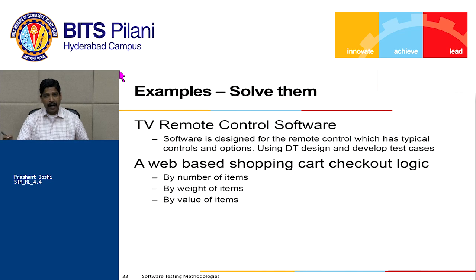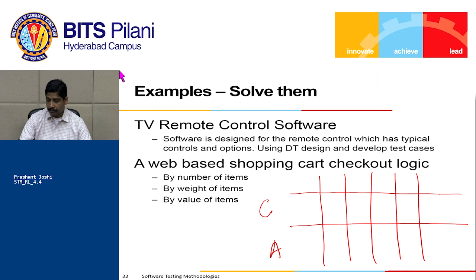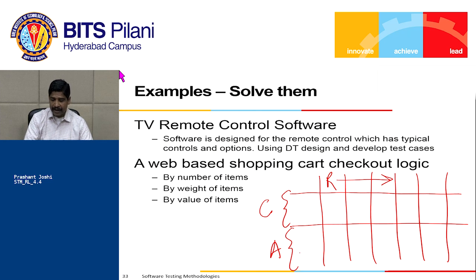However, our problem will still be solved in the same manner. We will have conditions, actions, and rules. We'll have all the conditions here, the actions here. So I would rather have sequence of two numbers.